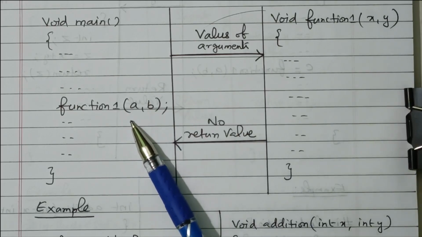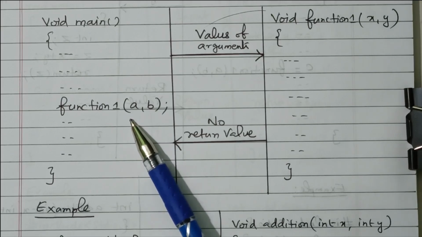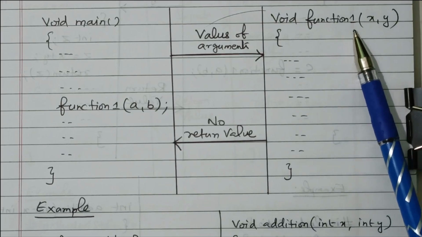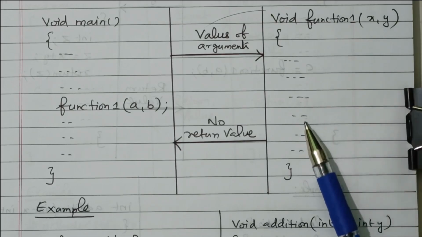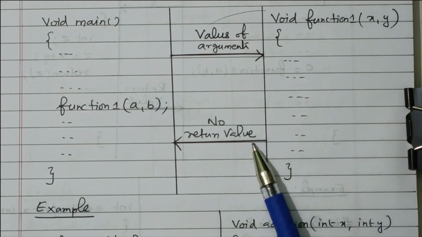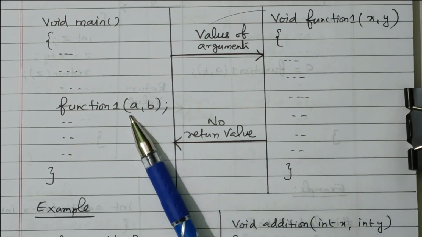For that another topic is available: call by value and call by reference. Here we are passing the value, we are not passing the address. So function1(x, y) will execute the set of instructions. After executing all the instructions, the control will transfer back to the calling function, right?